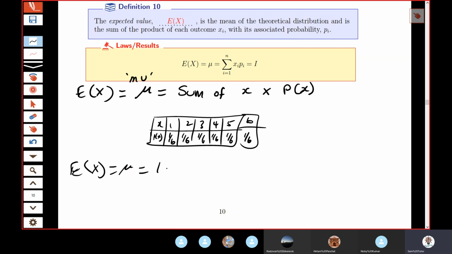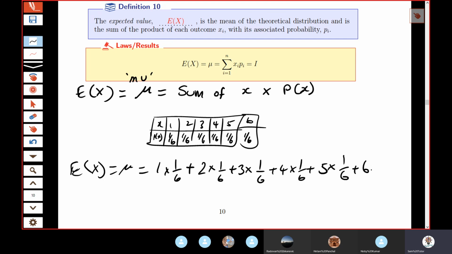So 1 times 1/6 plus 2 times 1/6 plus 3 times 1/6 plus 4 times 1/6 plus 5 times 1/6 plus 6 times 1/6. Okay, any questions at this stage?